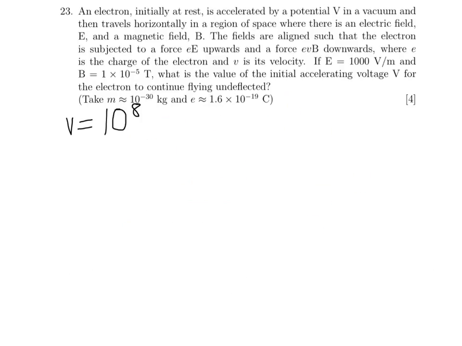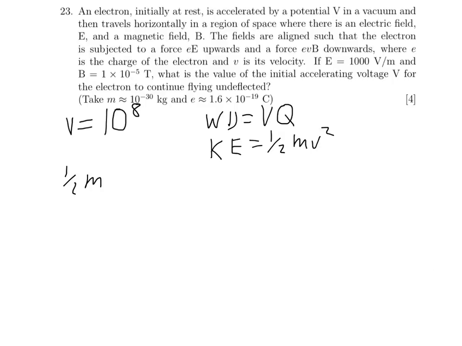Having found that velocity being 10 to the power of 8, we need to know what voltage will cause the electron to accelerate to such a speed. We can do that by finding out the work done on a charge, which is the voltage times the charge, and equating that to kinetic energy to find that voltage, because we're told the mass of the electron in our question.